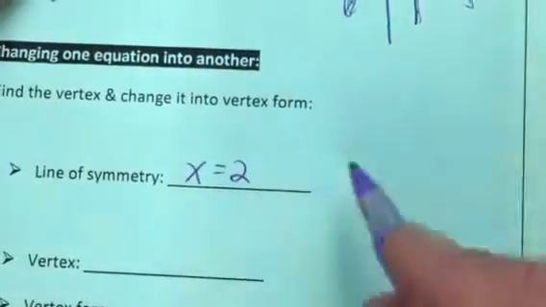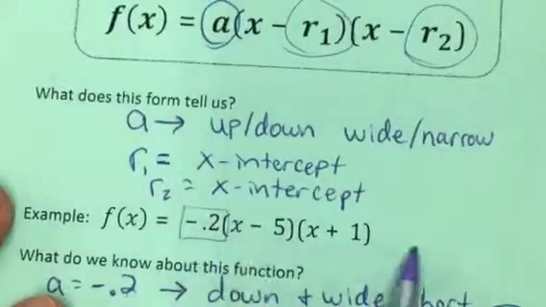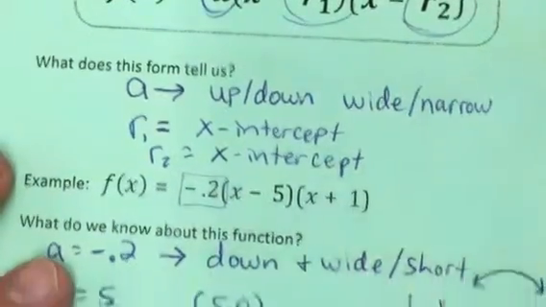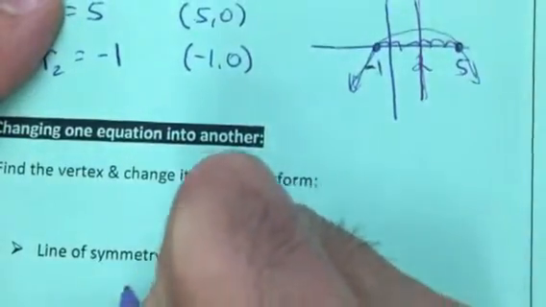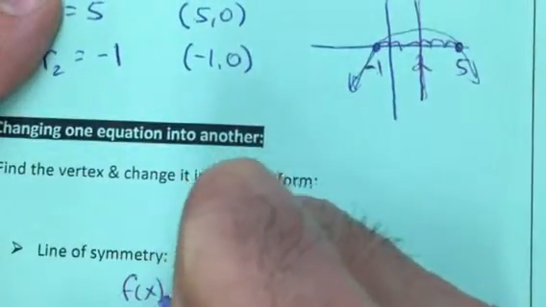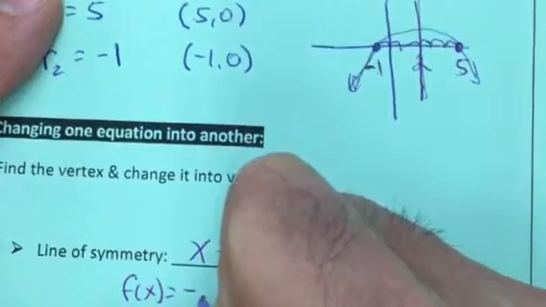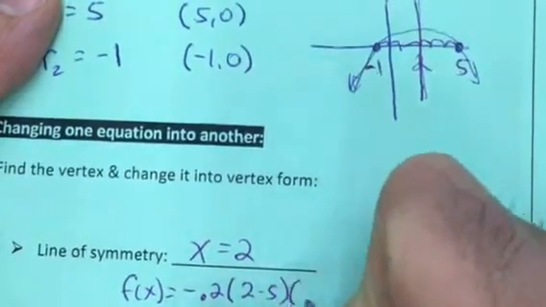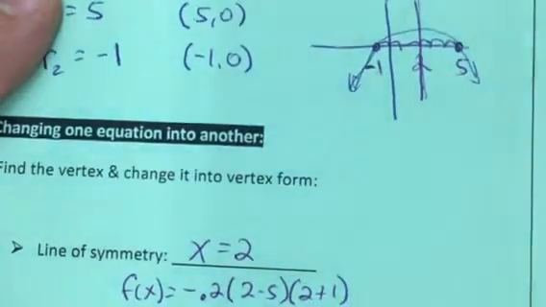That's my next step. I'll plug 2 in for x in my original equation. So, f of x equals negative 0.2, 2 minus 5, 2 plus 1.